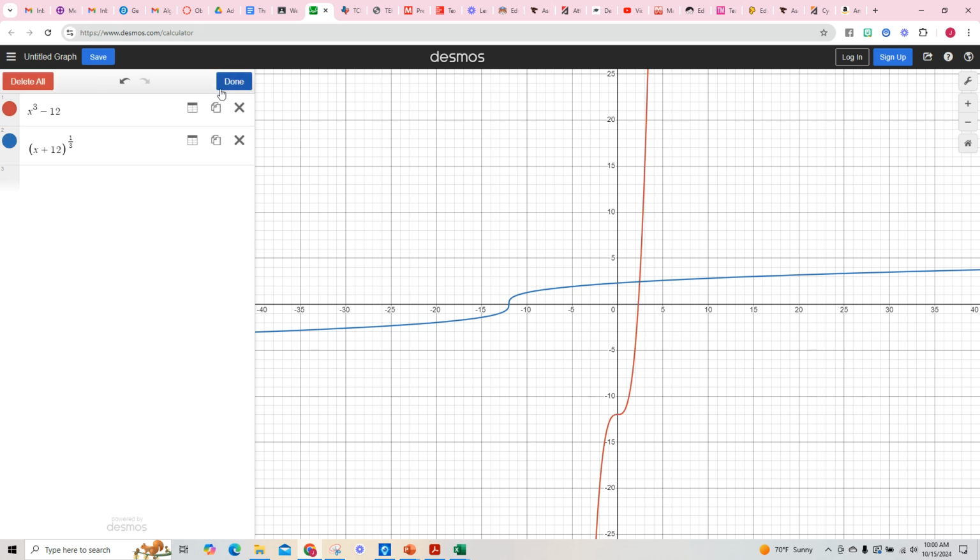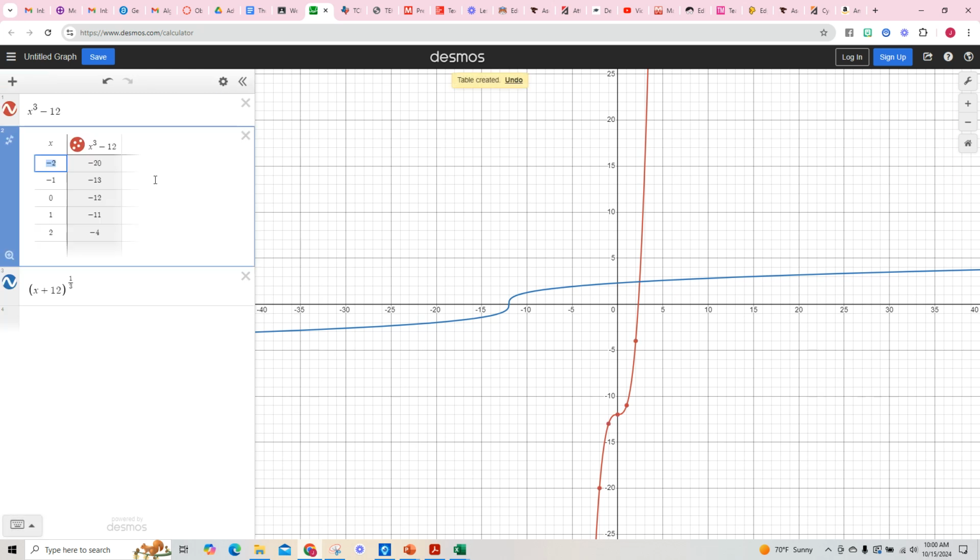So this is the original one, the x cubed, that's called a cubic function. But if I make a table here, I can find nice, pretty numbers. So like -2 and -20, this one right here is a good one. 2 and -4. 3 and 15. Those are easy ones to flip. So 2, -4, 3, 15.